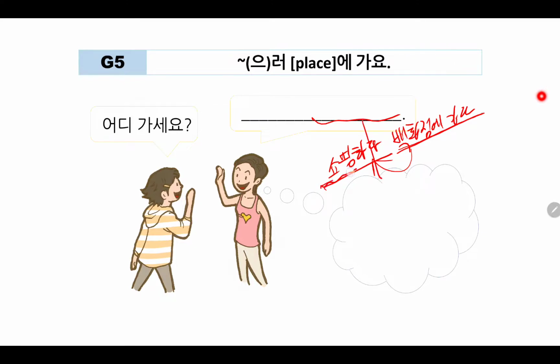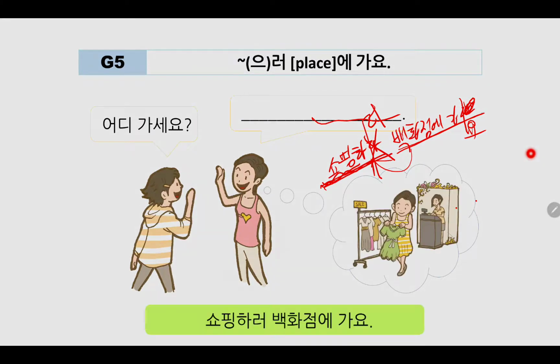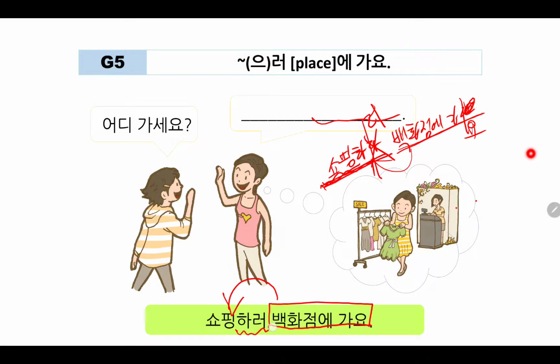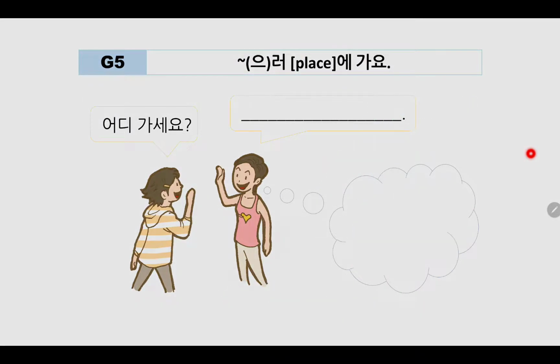Since the stem of 쇼핑하다 ends with a vowel, you just put 러, replacing this ending with 러. 쇼핑하러 백화점에 가요. Since you're talking with this person, you would have to use a polite ending at the end, right? So 쇼핑하러 백화점에 가요 means I go to the department store in order to shop. Cool.